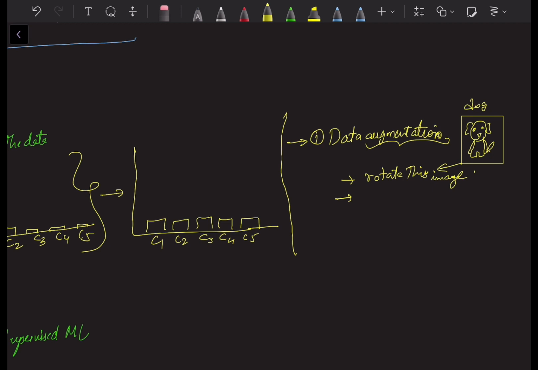Again, depending upon the angle of rotation, how much angle you want to rotate, based on that you can create that many dog images. Then scaling, then translation, and so on. So you can try to replicate the data points with whatever data you have, and using augmentation methods, you can create more data.